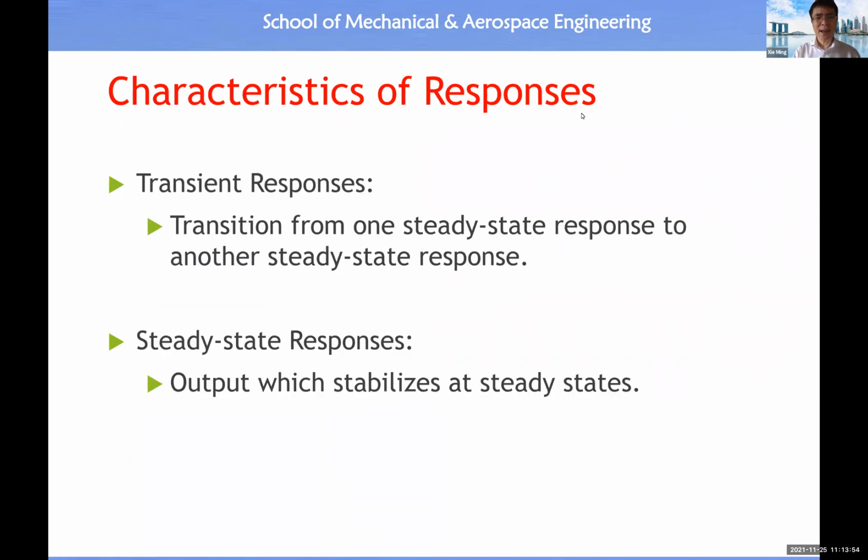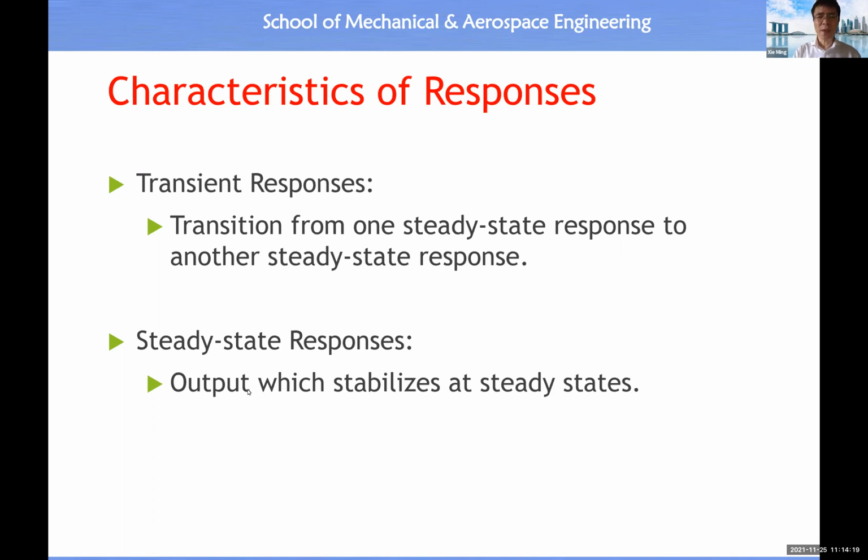Regardless of whether you face an open loop system or a closed loop system, both of them must produce output, and we can divide the output from any system into 2 categories. One is called the transient response, and the second one is the steady state response.